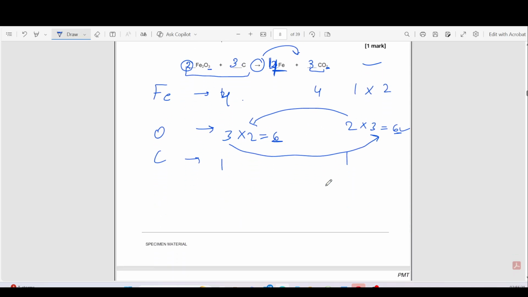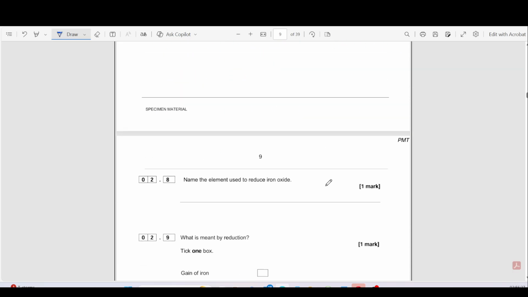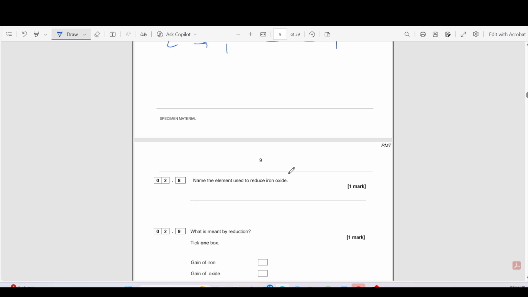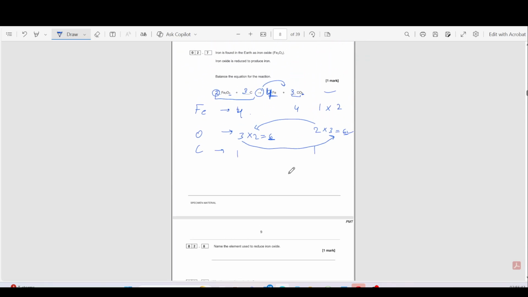Balancing means we just need to count the atoms on both sides. Now, for the above equation, the question is asking to name the element used to reduce iron oxide.